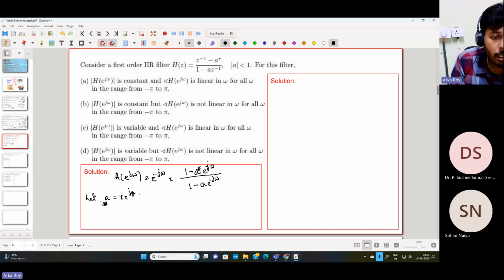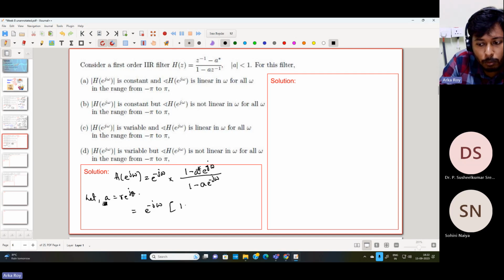So we are considering that a is also a complex number, which has this particular polar representation r e to the power j theta. With this, if I combine all the relations, it will be e to the power minus j omega, then 1 minus r e to the power minus j theta e to the power j omega.